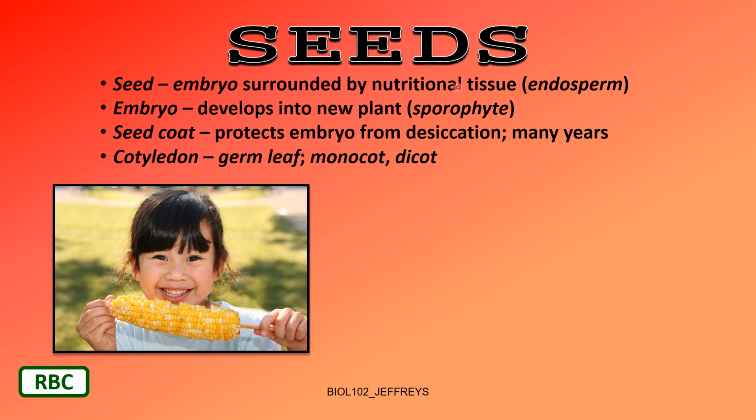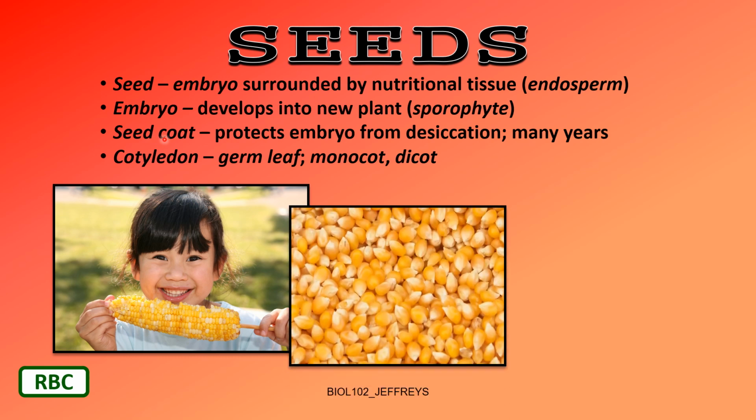Now, do you enjoy eating corn on the cob or corn off the cob? Well, did you know, you're eating embryos. You're eating corn embryos. Embryos develop into the new plant, the sporophyte, and they're surrounded by a seed coat that protects them from desiccation.